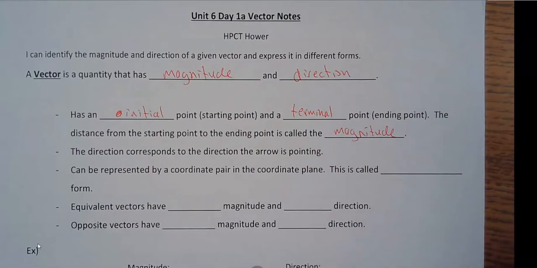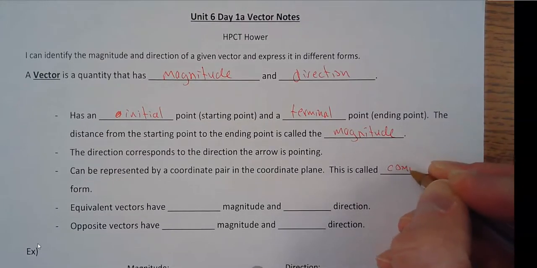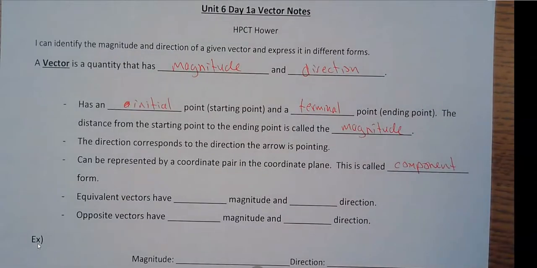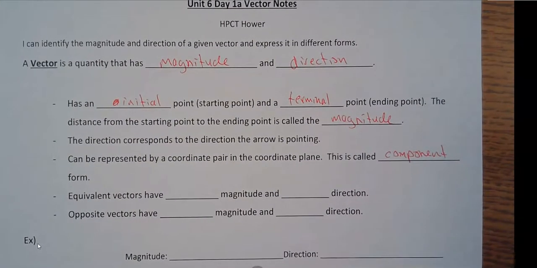The direction corresponds to the direction the arrow is pointing. These vectors can be represented by a coordinate pair in the coordinate plane. This is called component form. We'll explain in a second, but it just has an x and y component, and that's your x and y coordinate.